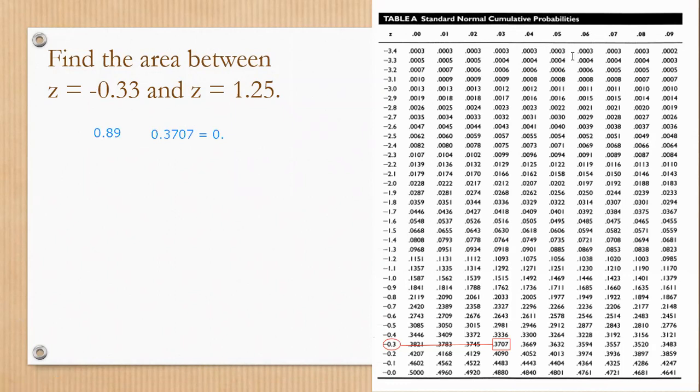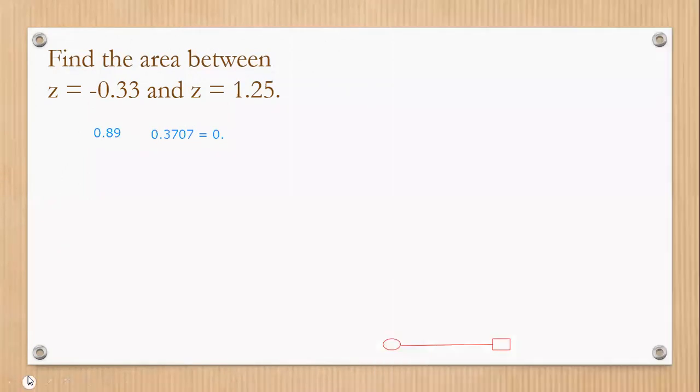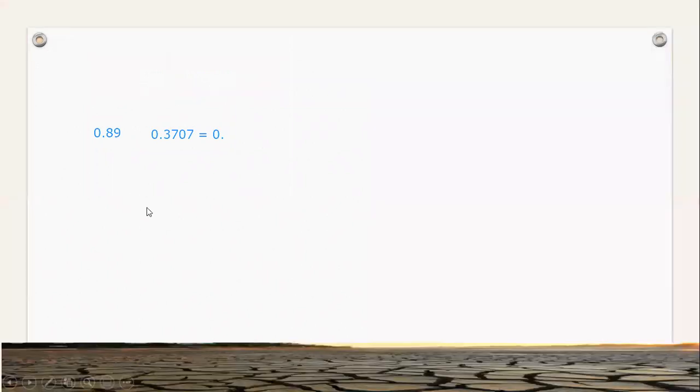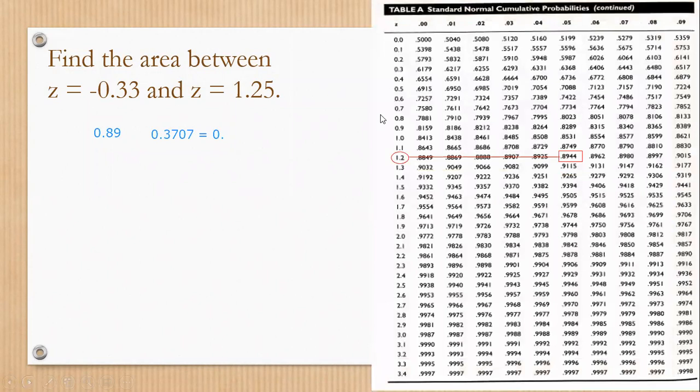I'll show the next slide. Okay, it's 0.8944 minus the smaller value.